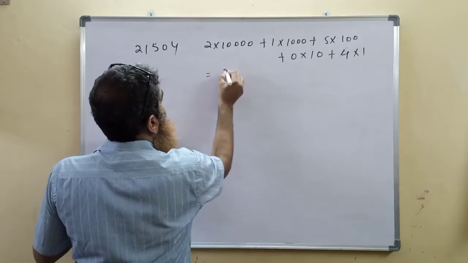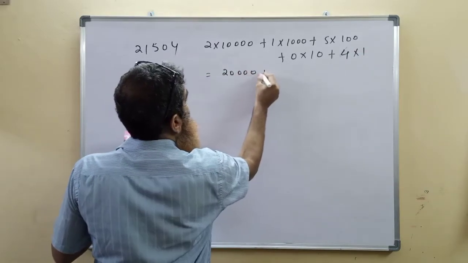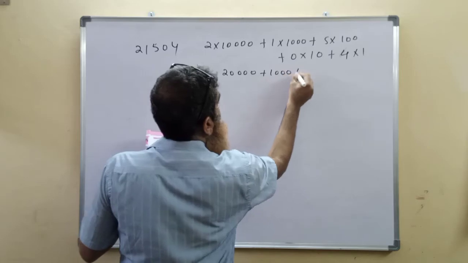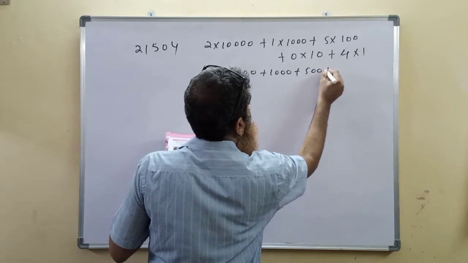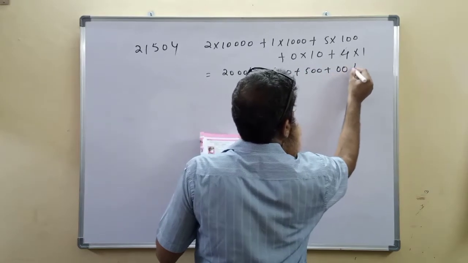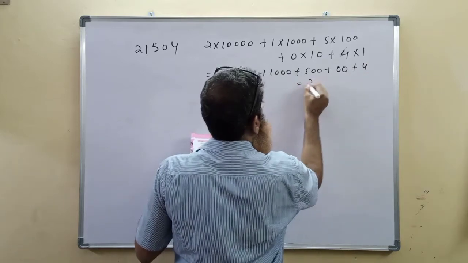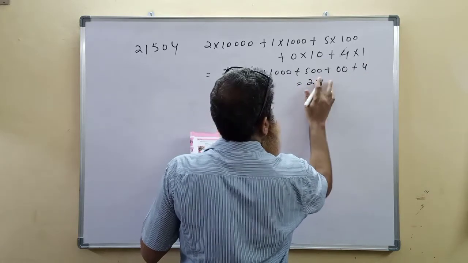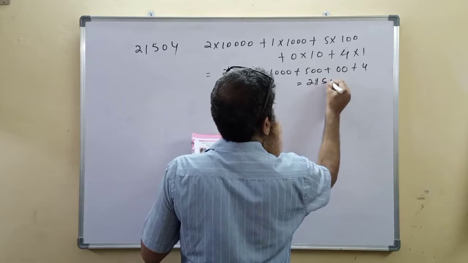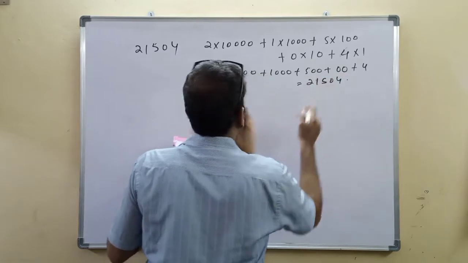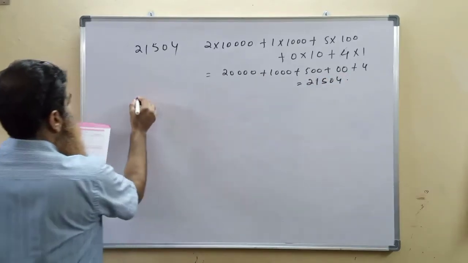That is 20,000 plus 1,000 plus 500 plus 0 plus 4. That is equal to 21,504.